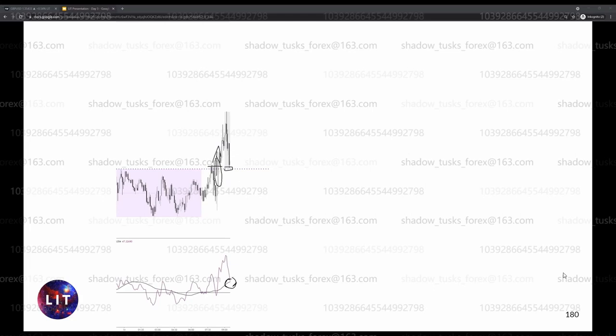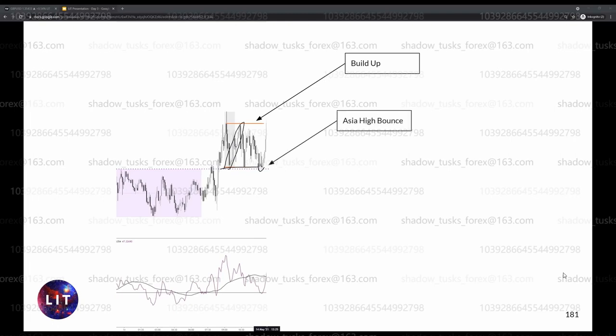And retesting it also gives us a long entry to confirm the continuation, right? So the Asia high bounce in this sense, we have an entry, and of course it ranges to build up, even first the reaction here, finally gives the minor inducement in this area, right? So build up here, minor inducement low, also Asia runs, everything happens around this Asia session high, right? So a lot of liquidity around there for some reason.